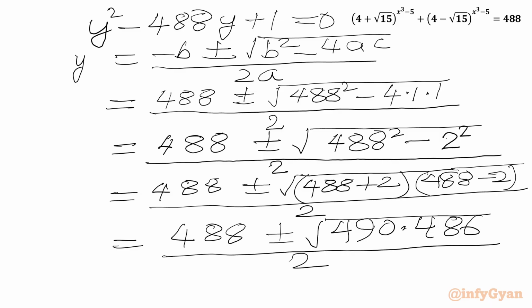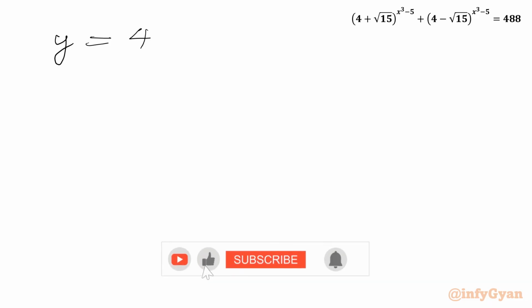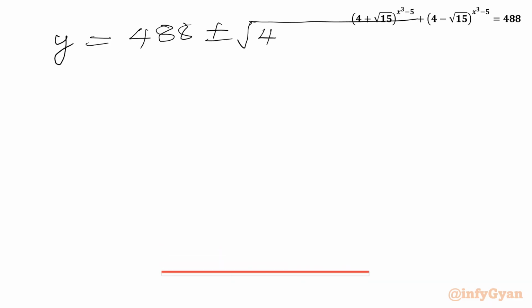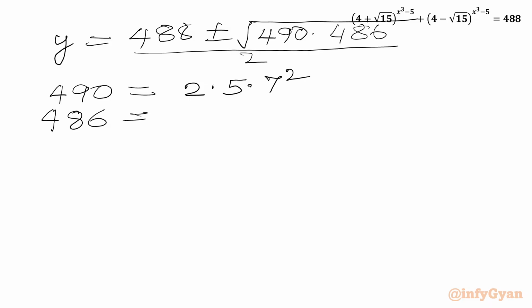Now we will factor 490 and 486. Let me write here the value of y equal to (488 ± √(490 × 486)) over 2. If I write the factors of 490, I can write easily 2 times 5 times 7². And if I write the factors of 486, I can write 2 times 3^5.